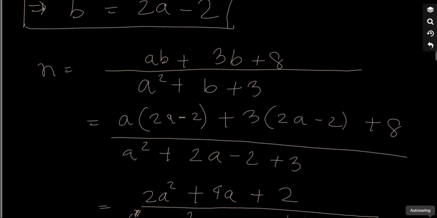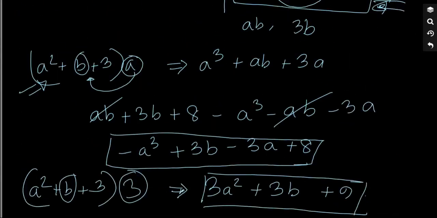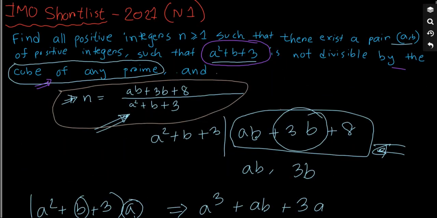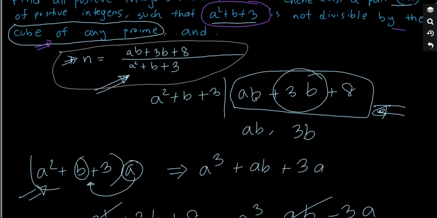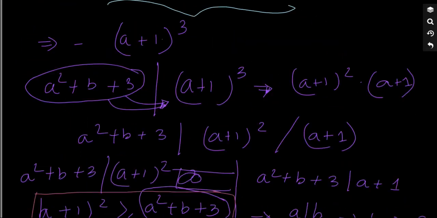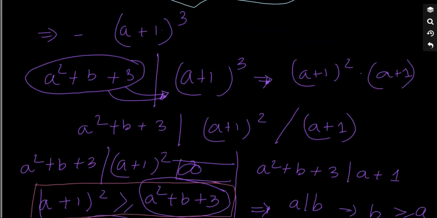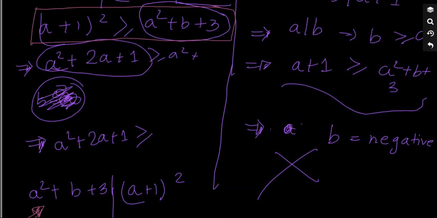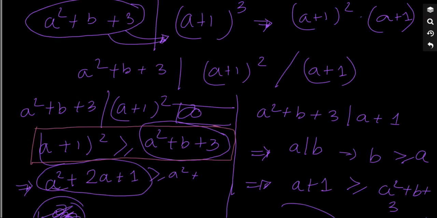So let me review the whole thing from the beginning and what we actually did here. At first, this whole divisibility thing and getting this is quite straightforward, so I didn't pay enough attention there.